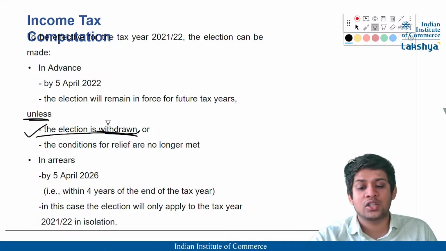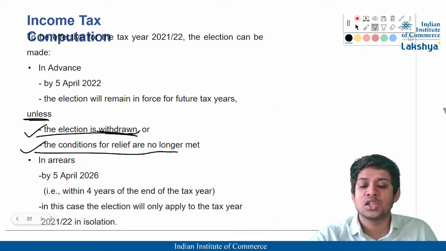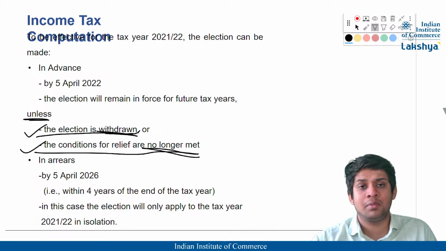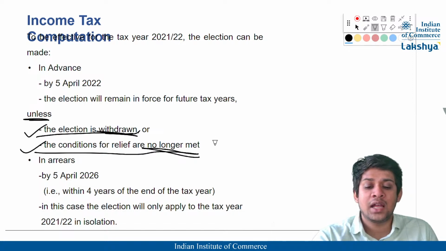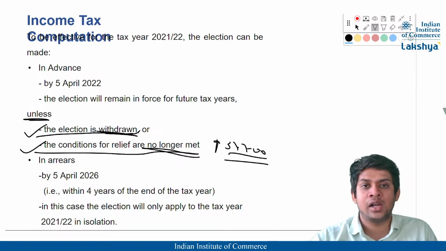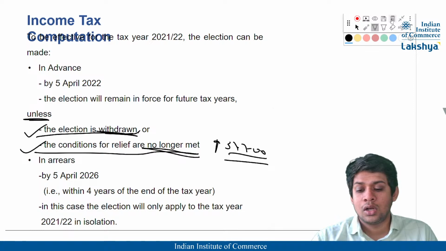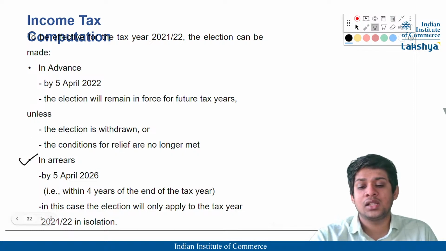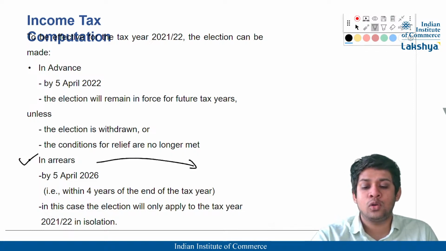So you would withdraw the election to transfer your personal allowance to your spouse, or in conditions where the reliefs are no longer met, maybe where one of the spouses' income has exceeded 37,700, so they become a higher rate taxpayer and cannot claim this marriage allowance. In arrears, that means I have not made a claim to always transfer it, but I want to transfer it.